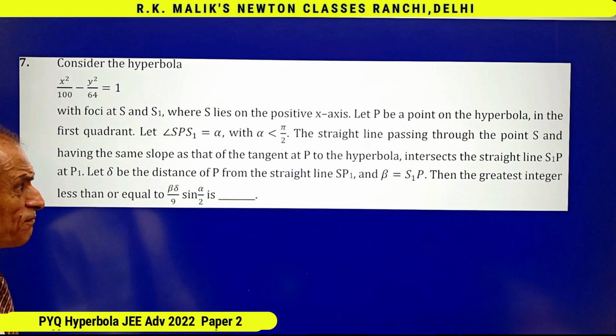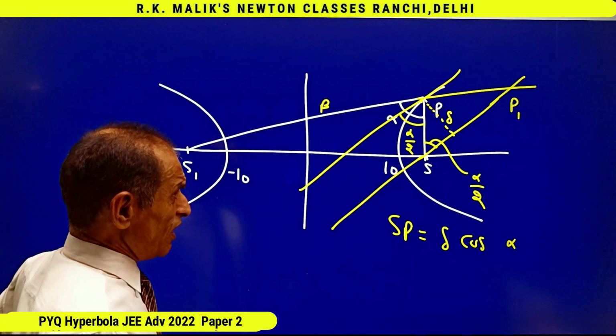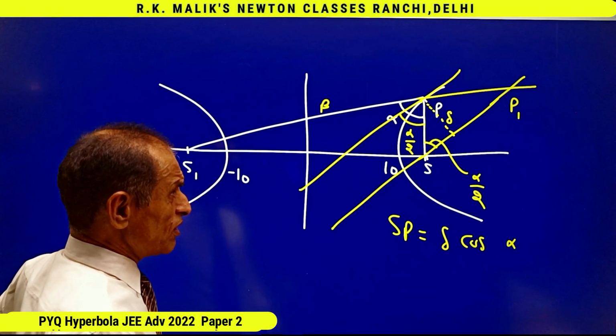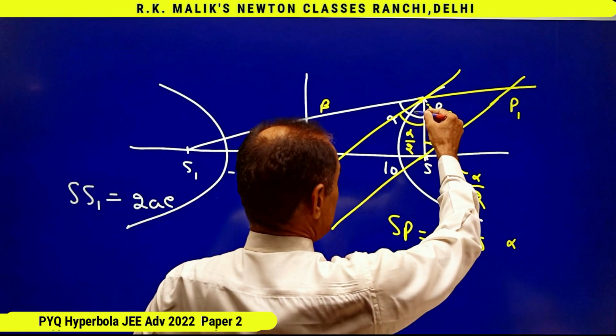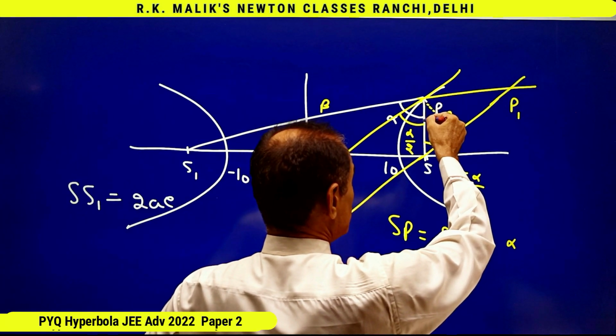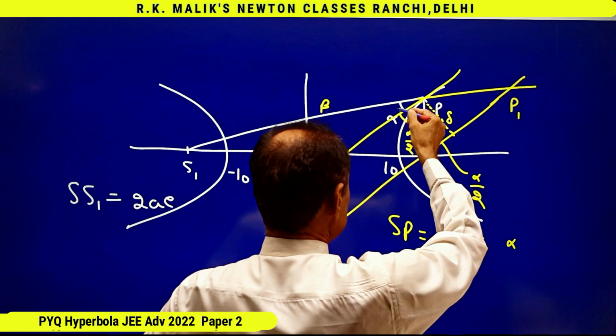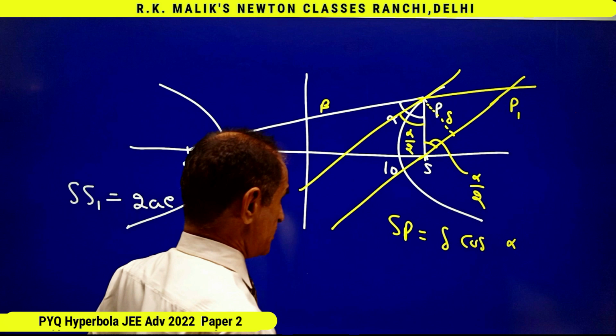And the second condition, alpha less than pi by 2, is also given. And it is also clear that as I take p further and further, the value of this angle will go on decreasing. And as p comes nearer and nearer, this angle will go on increasing.